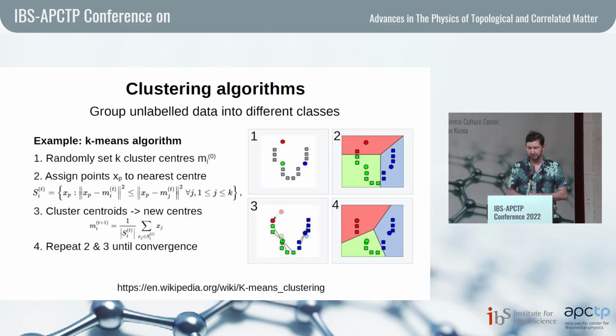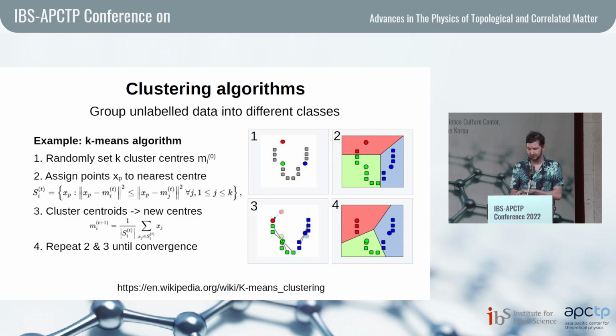There are a few examples of these unsupervised learning algorithms. One is clustering. Here we have some data, which could be measurements of our system of interest, and we want to group this data into different clusters.